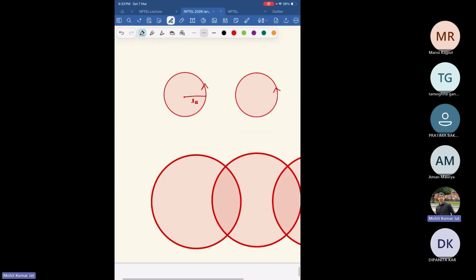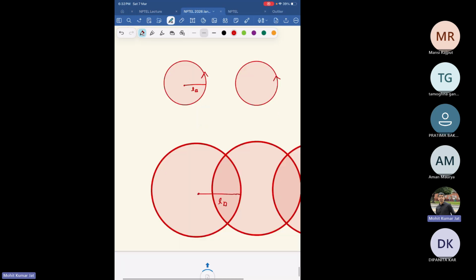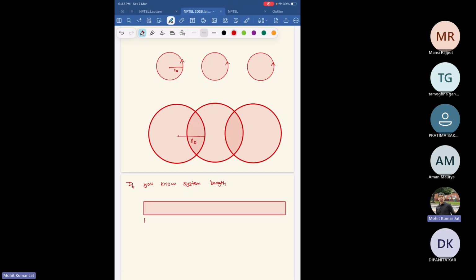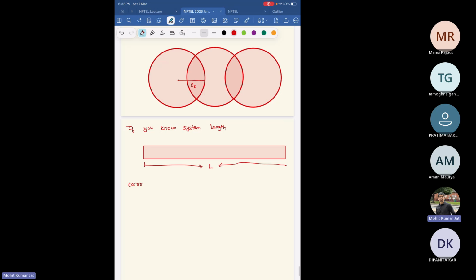Let's say L_B, and here also it's L_B. So if you know your system's length, let's say it's capital L, and you know the carrier density, then you can determine where the electrons are arranged in your system, and according to that, their cyclotron orbits, whether they are intersecting or not, and all that information you can extract.